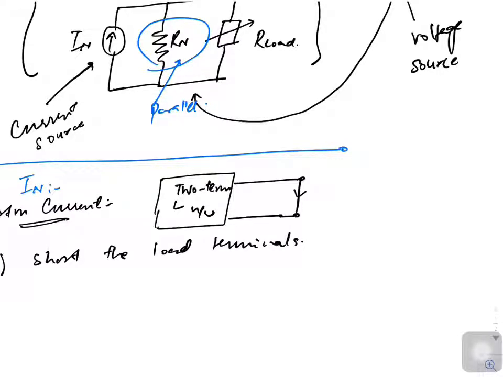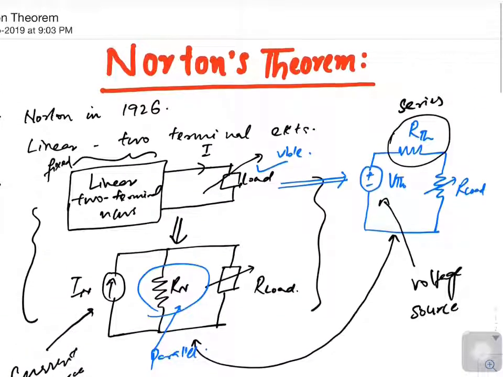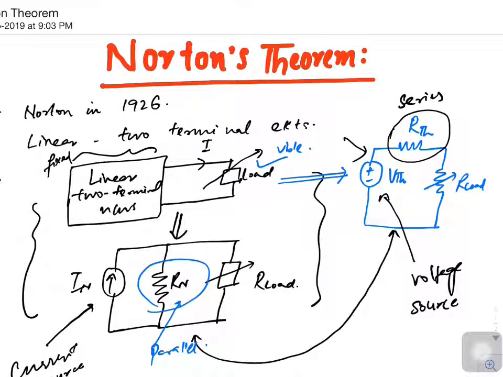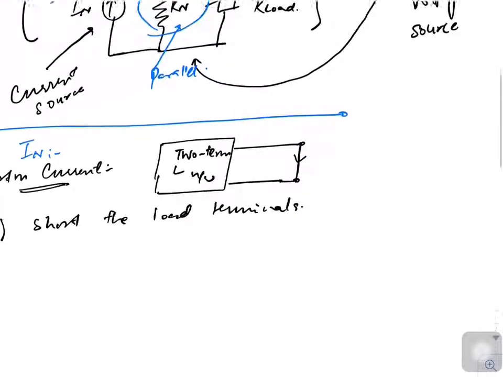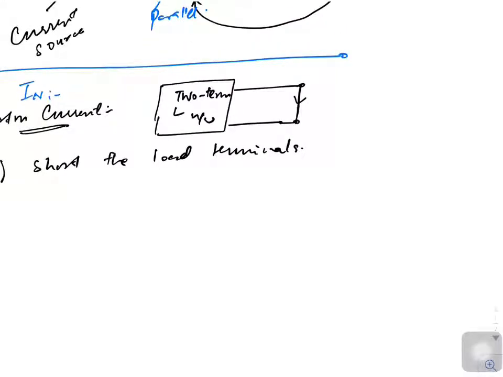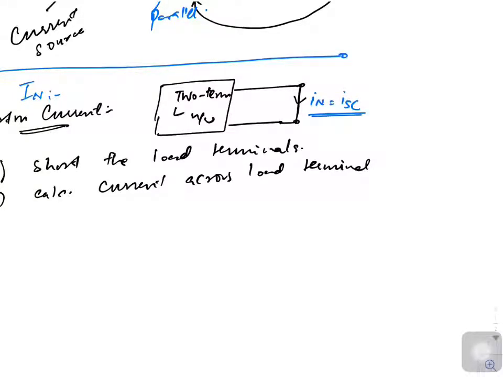If we compare it with our Thevenin voltage VTH, we had to open the load, but to calculate Norton's current, we have to short the load. The second point is we have to calculate the current across the load terminals only. Whatever current we get in this particular branch, that short circuit current is nothing but your Norton current.